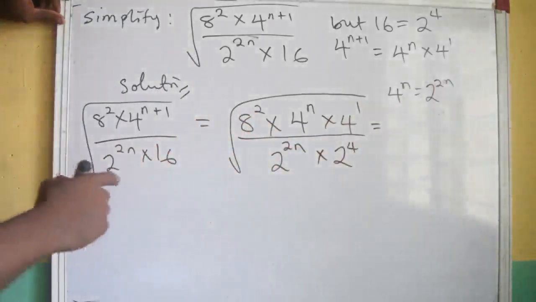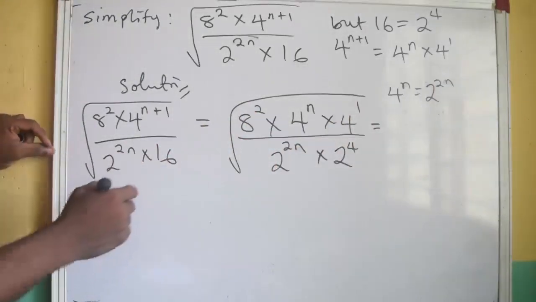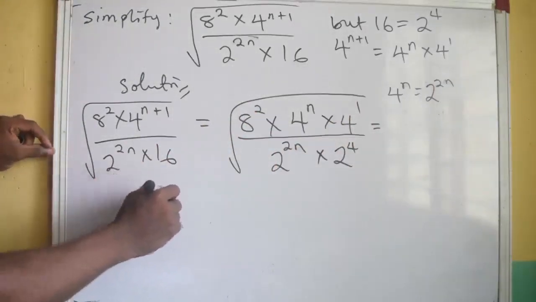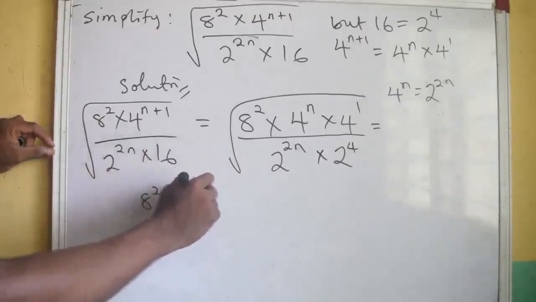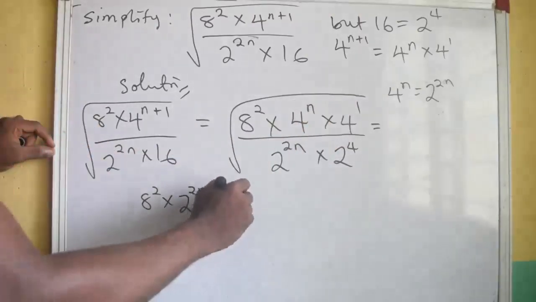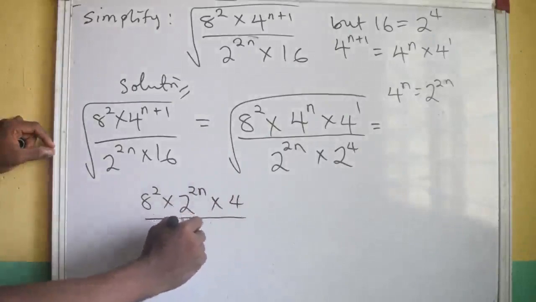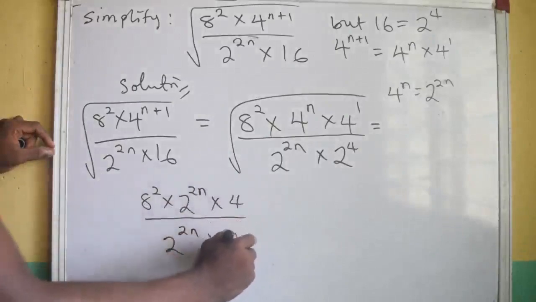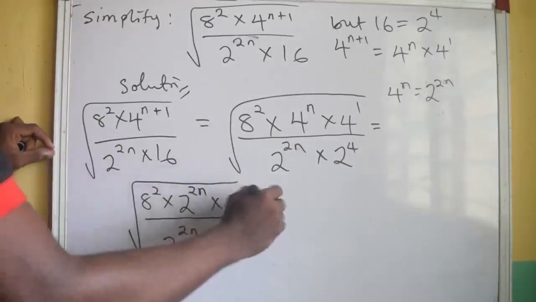So you are good to go. If you reduce this further, we end up with 8 raised to the power 2 multiplied by 2 raised to the power 2n multiplied by 4 raised to the power 1, which is 4, all over 2 raised to the power 2n multiplied by 2 raised to the power 4, all in square root.